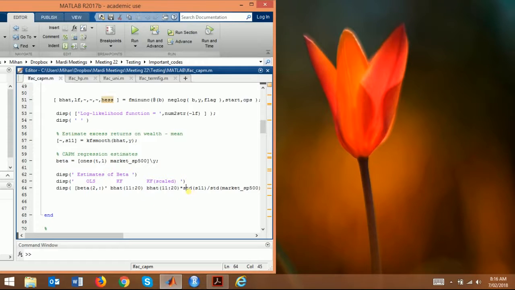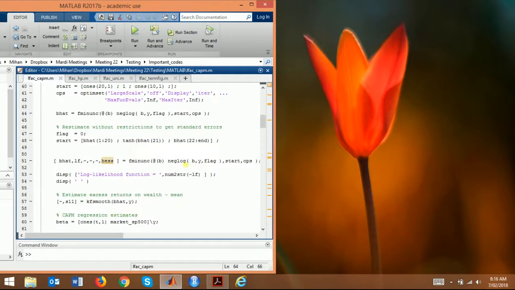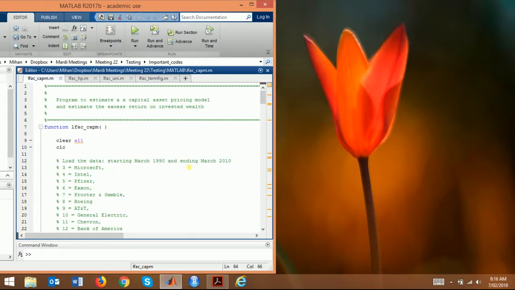And scaled is taking the smoothened factor, standard deviation of S11, which is standard deviation of Kalman filter, and standard deviation of OLS. Okay, so which one is better? Is Kalman filter estimation better, or is the OLS estimation better? This is OLS estimation, this is Kalman filter estimation, and this is Kalman filter scaled. Obviously Kalman filter estimation will be much better and more efficient than OLS.